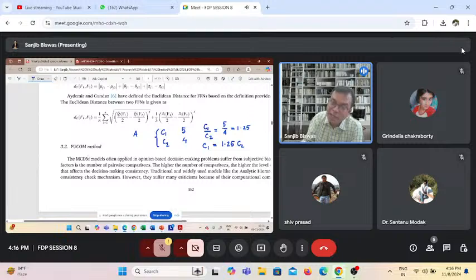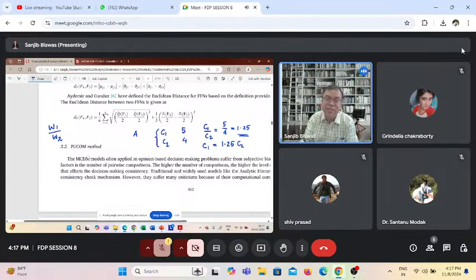Now, if I find out the weight of C1, that is W1, and the weight of C2, that is W2, and I divide them, then it should give me the same thing. If C1 is 1.25 times more important than C2, then the weight of C1 ideally should be 1.25 times that of C2.